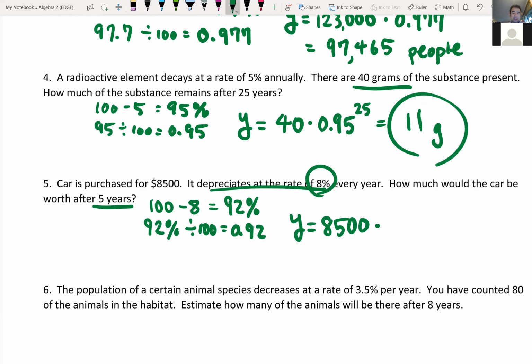The rate is now 0.92, and then to the 5 years. How much is the car worth? $5,602.